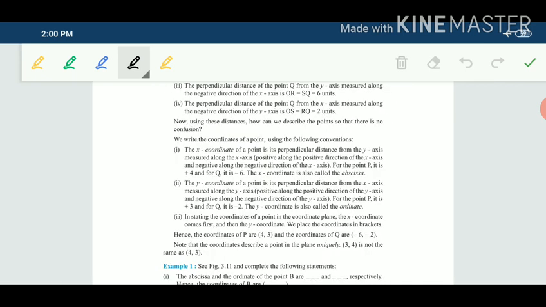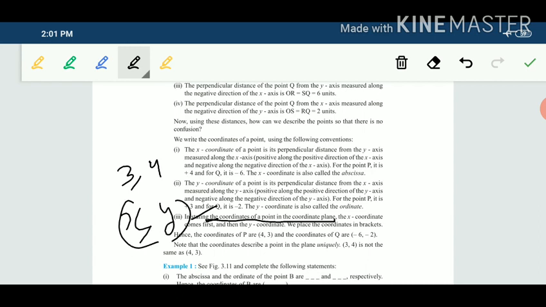And while stating the coordinates of a point in the coordinate plane, the x coordinate comes first. First we write x and then we write y. So we always write in the form (x, y), and both are written in brackets.